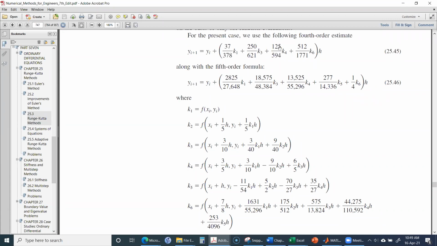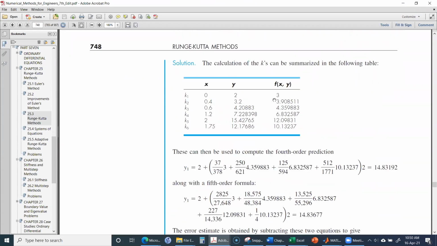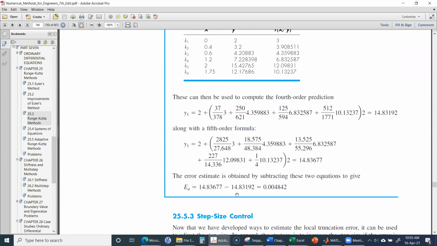In order to find these fourth and fifth order estimates, we need to determine the values of k1, k2, k3, k4, up to k6 by using these equations. We will first find the values from k1 to k6, then find the fourth and fifth order estimates, and then the difference between the fourth and fifth order estimates will be found.